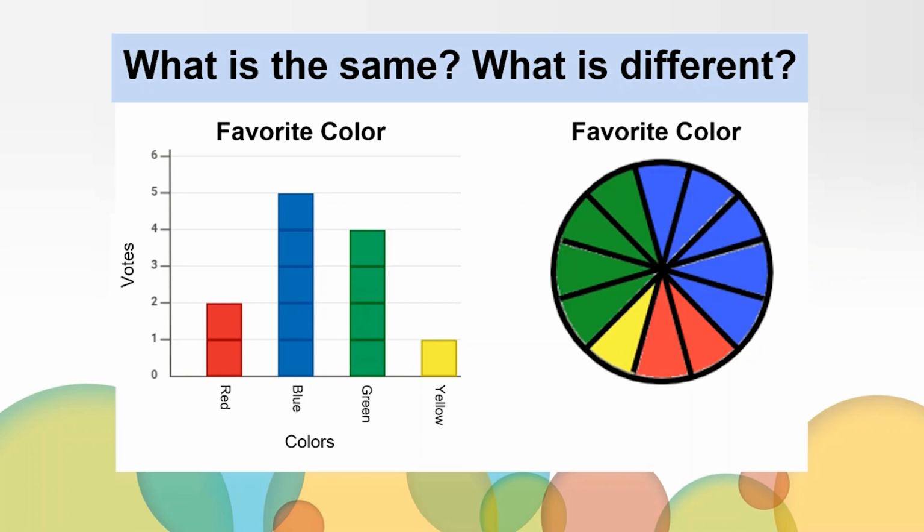You might have noticed that both graphs are about favorite colors and that 12 people voted in both. You may have also noticed that both graphs have the same amount of each color and that they can be represented as fractions.